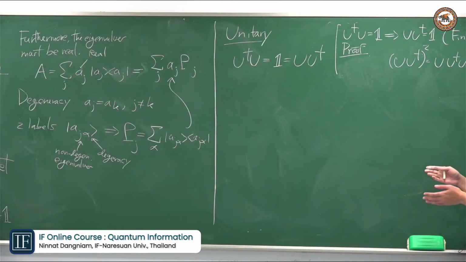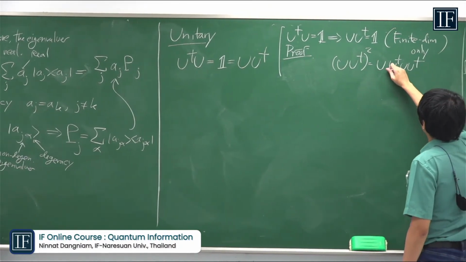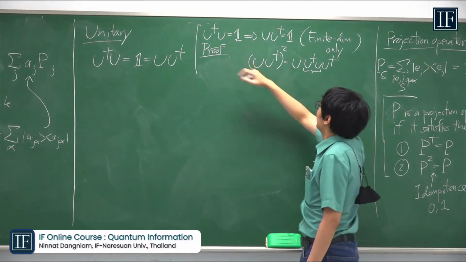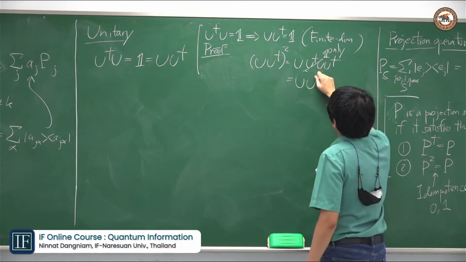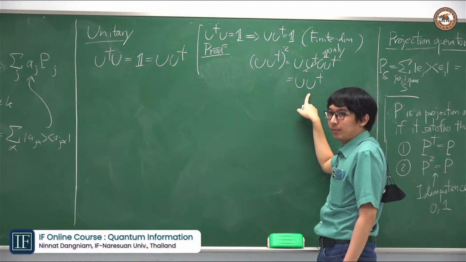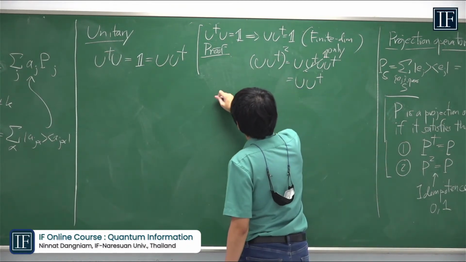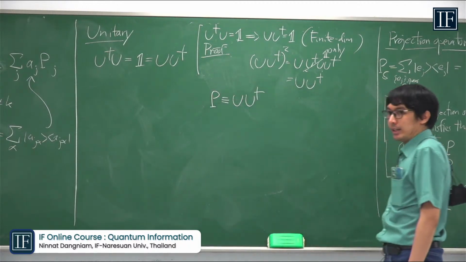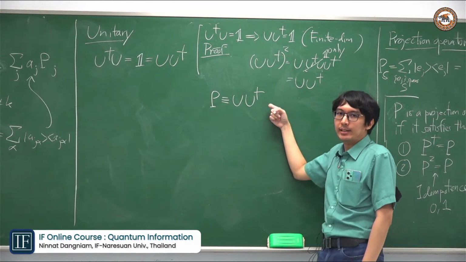There may be many proofs, but let's consider the square of this. When I expand it, from the assumption I know that this is the identity, so it squares to the same thing, and therefore it must be a projector. So let us define this to be the projector. How do we know that it is the identity?